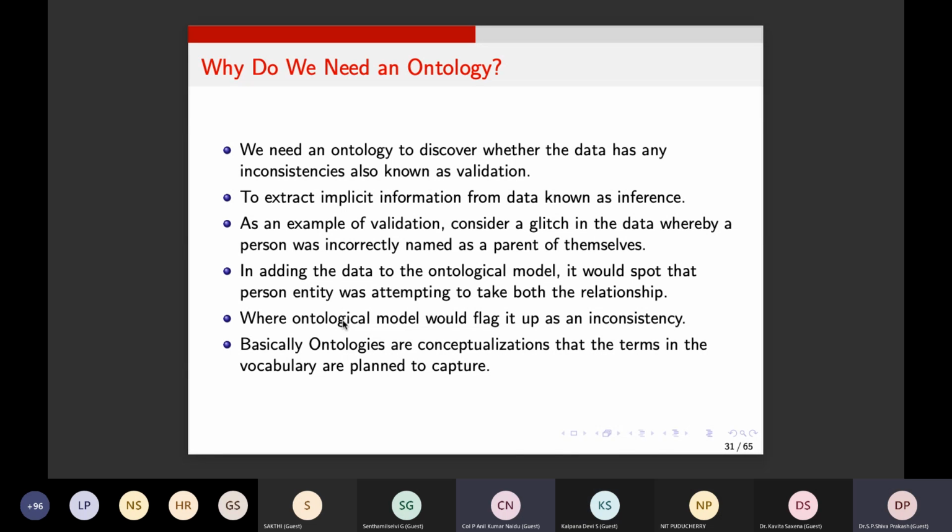So to know that, we have to check the validity of the data, whether the data is consistent or inconsistent. And also to extract the implicit information from the data, which is known as inferences, right?